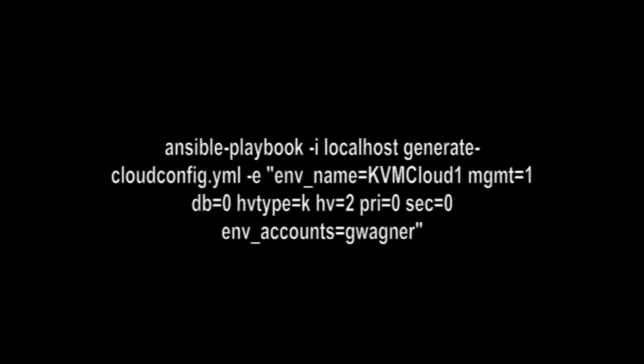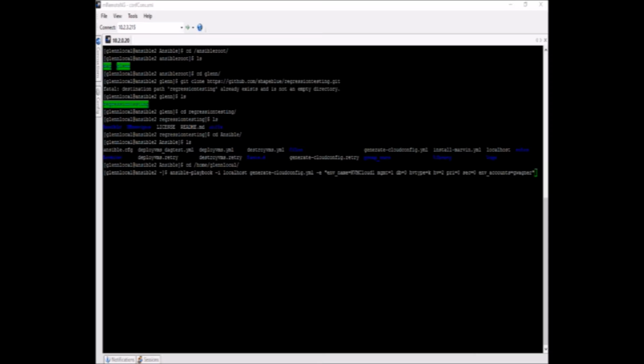We're going to run the exact same command you see on your screen. Let's just switch over to that screen so you can see it. Okay, alright, I'm in the wrong directory.